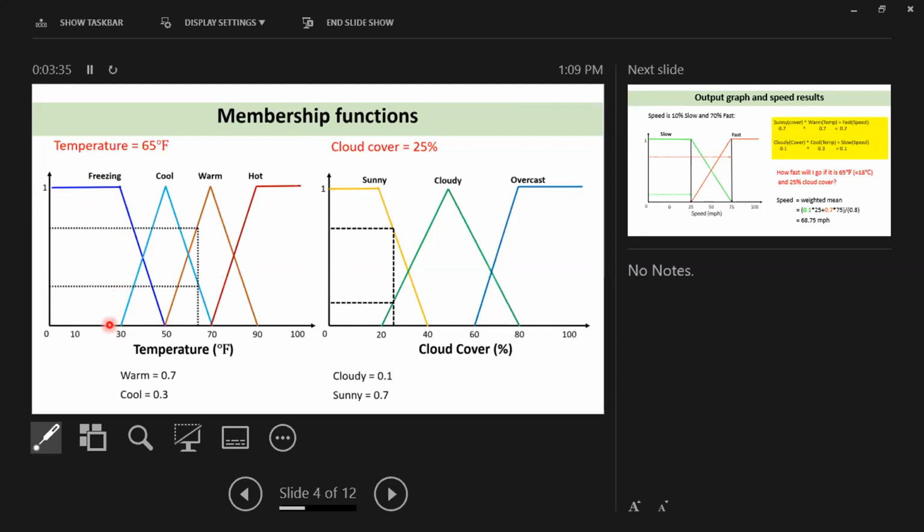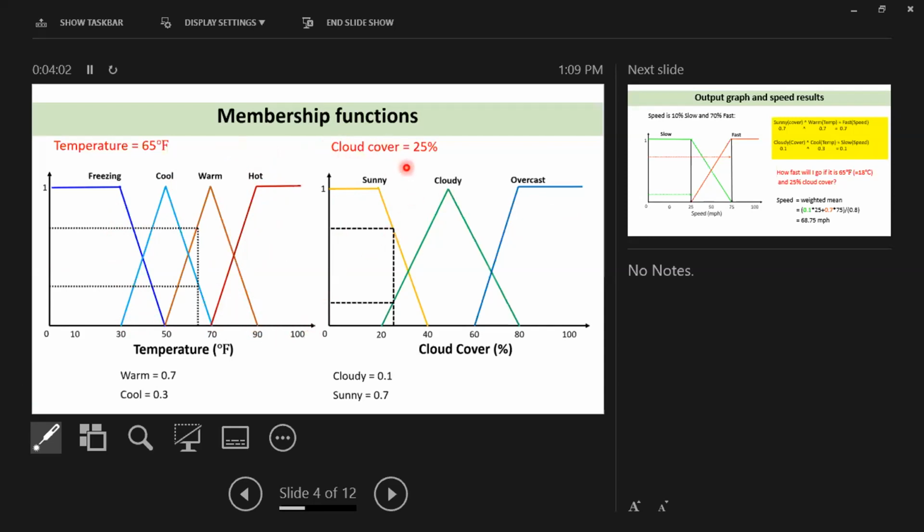The degree of trueness decreases for freezing and increases for cool. Similarly, 100% degree of trueness for warm is 70 Fahrenheit, and for hot is 90 Fahrenheit.